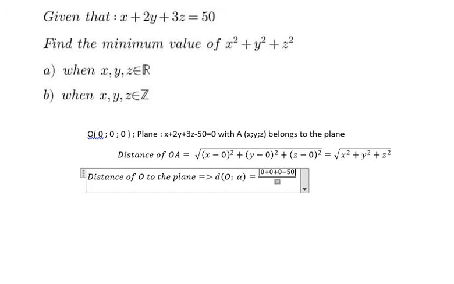And now we have the coefficients of the plane, 1, 2, 3, so we have 1 square plus 2 square plus 3 square. This is the formula to find the distance from one point to the plane, and we get 50 over the square root of 14.